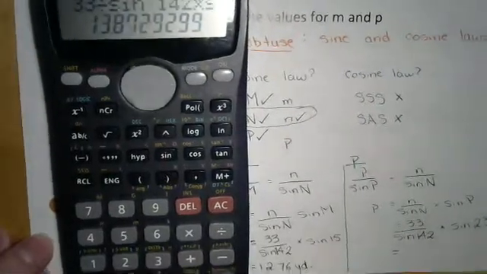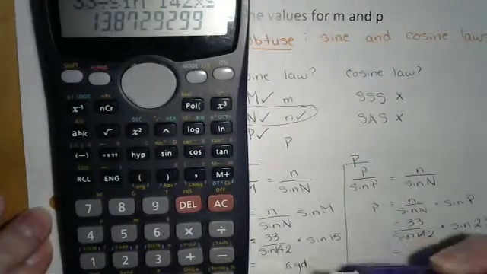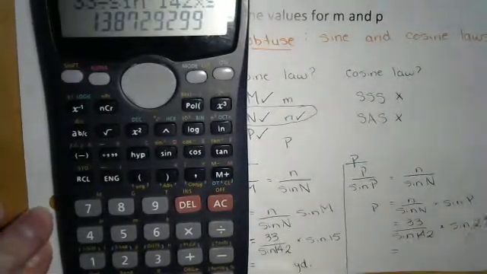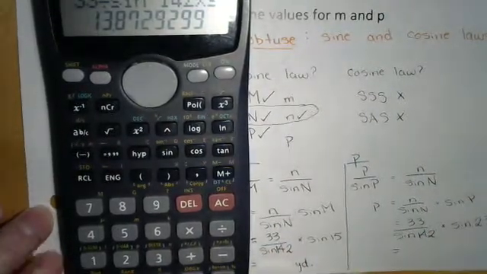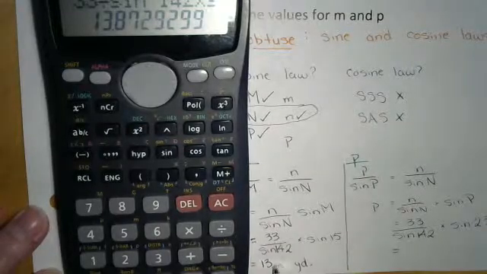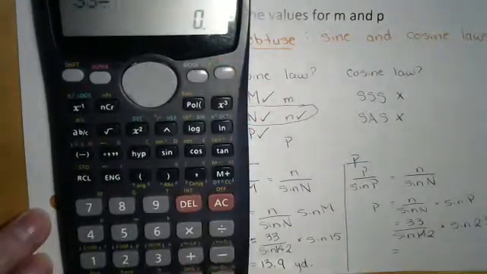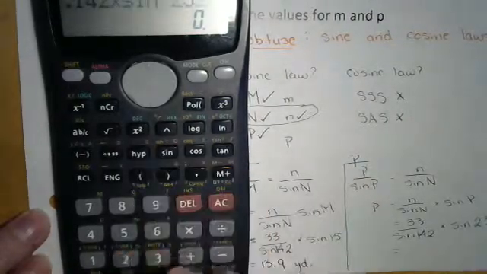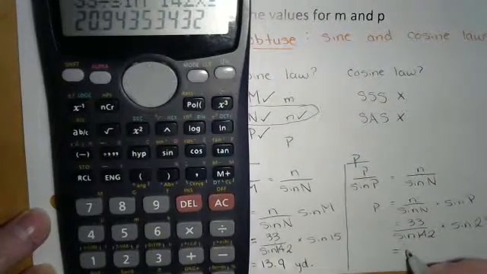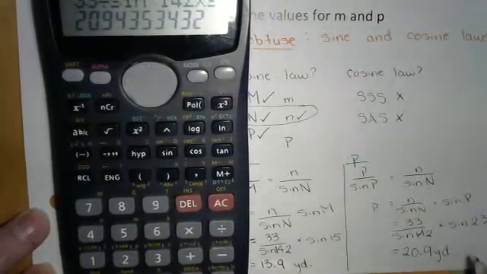That sounds a bit better. Now, I highly recommend using pencil for math once again. I use pen so it shows up a bit clearer for you. And this one is 33 divided by sine 142 times sine 23 equals 20.9 yards.